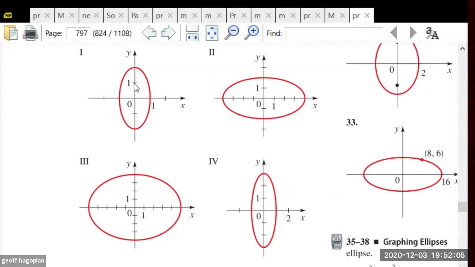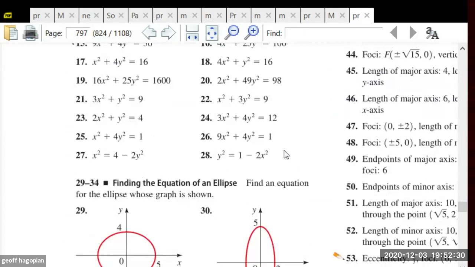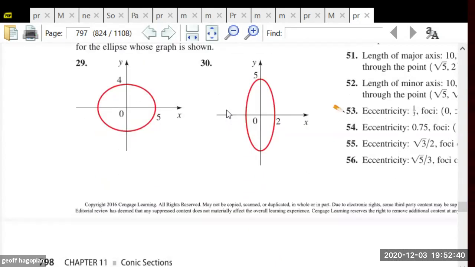I guess A is 2, and B is 1. It's y squared over 4 plus x squared equals 1, right? And this one, the intercepts were plus or minus 4 on the x-axis and plus or minus 2 on the y-axis. Okay, so we've kind of been over the graphing of ellipses. If it's not in standard form, put it in standard form, then find your A and B and C, find your intercepts and sketch a graph.